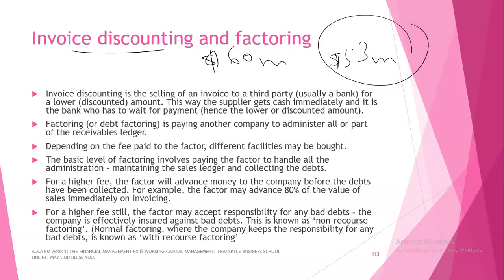And in that case, if the factor is bearing the risk, we call that arrangement non-recourse factoring. Normal factoring, where the company keeps the responsibility for any bad debt, is known as with recourse.